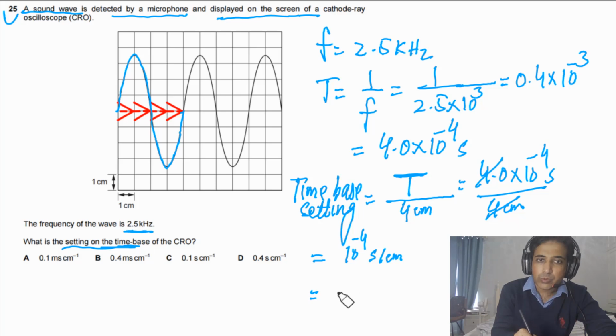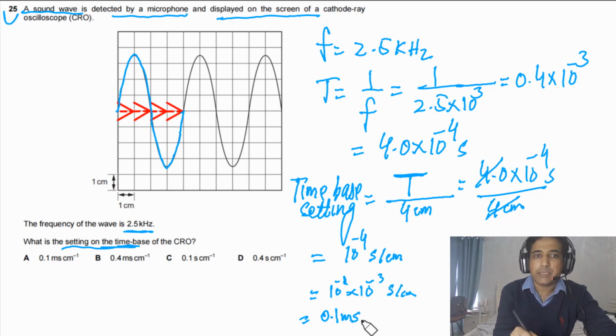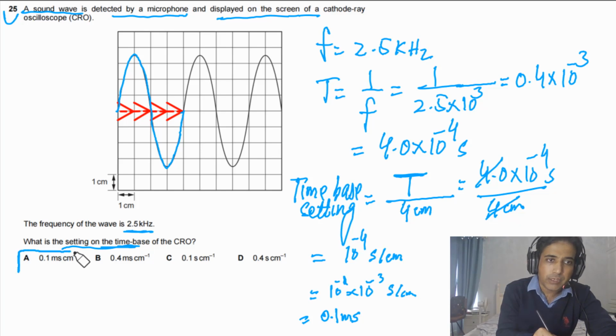We can also write this as 10 to the minus 1 times 10 to the minus 3 seconds per centimeter, so it means 0.1 milliseconds. If you look at the given options, option A is correct. So this is the right answer.